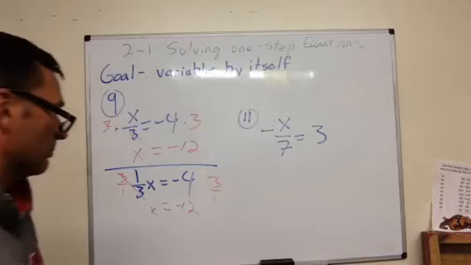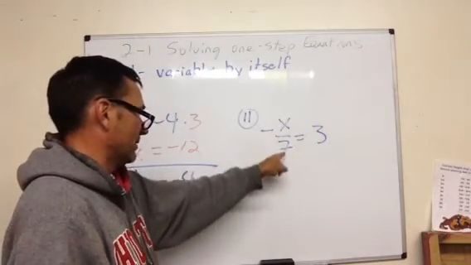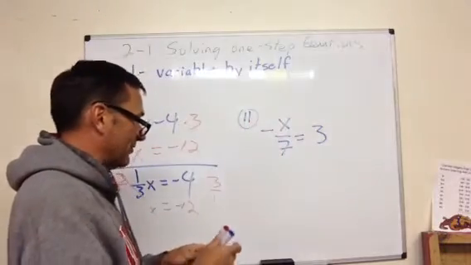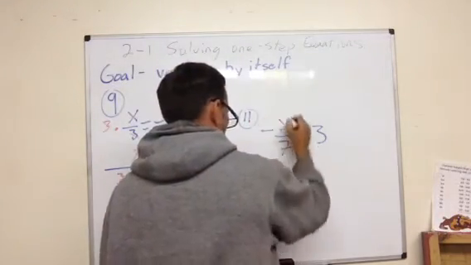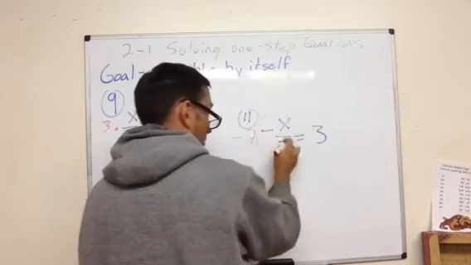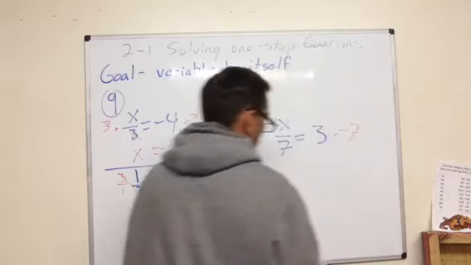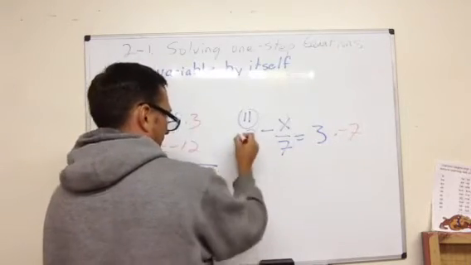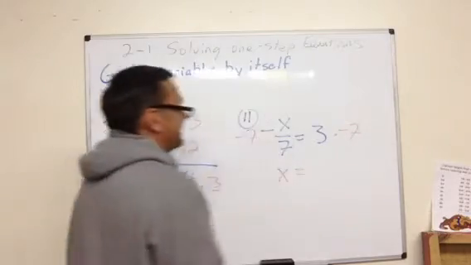So if I'm looking at number 11, because we're dividing by a negative 7, we can multiply by negative 7, and I'll do that one this way. We'll multiply this problem by negative 7, because here we're dividing. We want to do the inverse. So multiply that term by negative 7. The negative 7's cancel. And again, I'm left with a positive x.